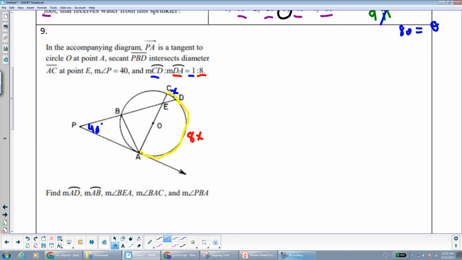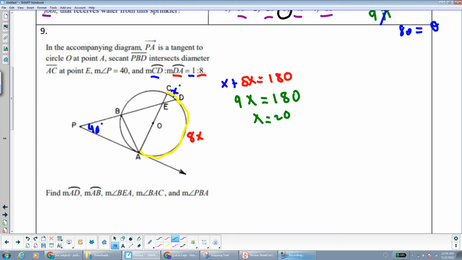So since I know that arc ADC entirely should make 180 degrees, and I know that AD is 8x and DC is x, I can make an equation that says x plus the 8x part of the arc should give us a semicircle, should give us 180 degrees. So here I have 9x is equal to 180. So dividing 180 by 9, I have x is equal to 20.